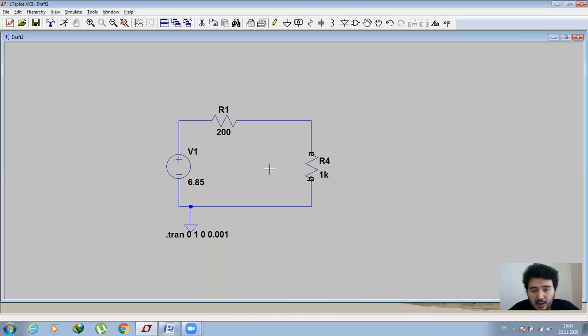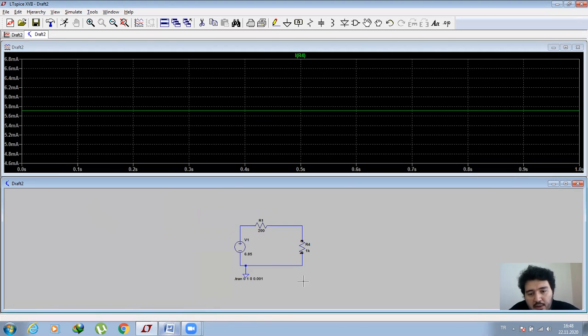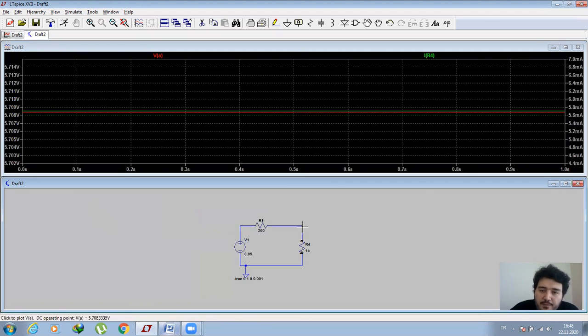Let's look at the results. Is it correct? So I'm measuring again my load resistance, current, and voltage. As you can see, nearly the same values as the previous circuit.